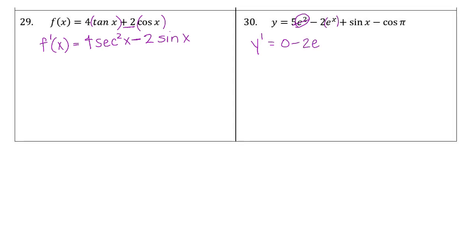Well, the derivative of that is still just 2e to the x plus the derivative of sine is cosine of x. And then minus cosine of pi. Well, cosine of pi is just negative 1, which is just a constant value, so that's going to go to 0. So our derivative really ended up being negative 2e to the x plus cosine x.